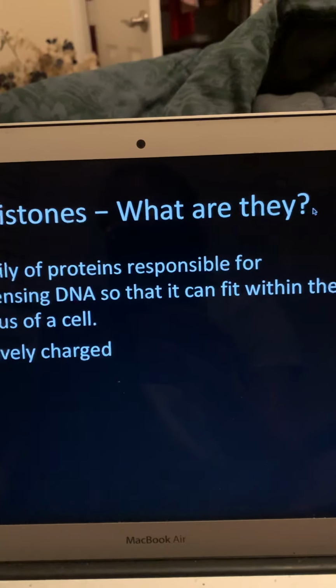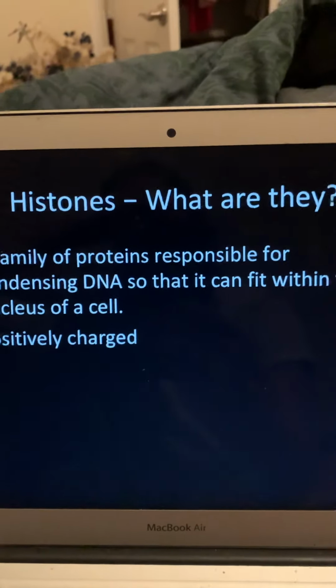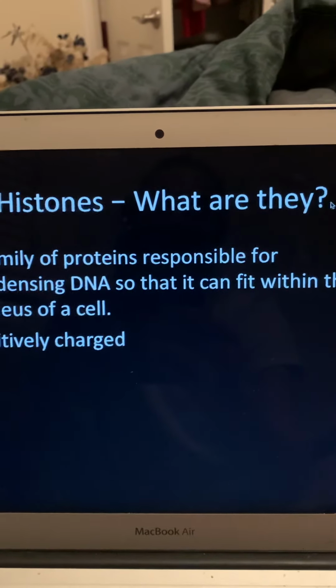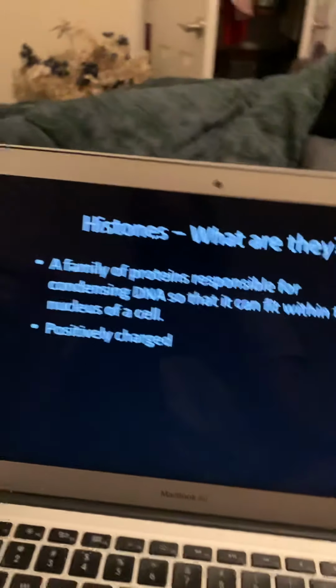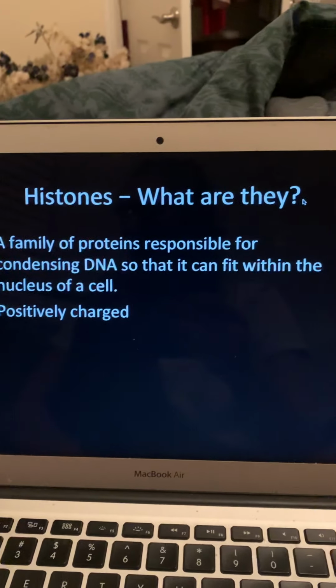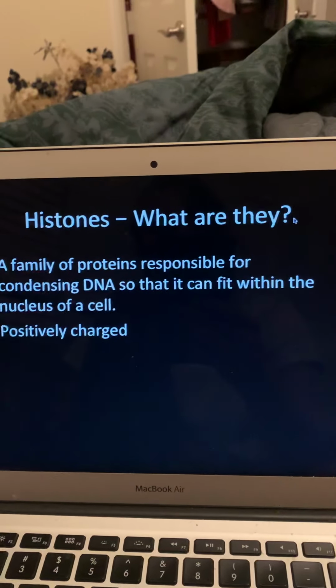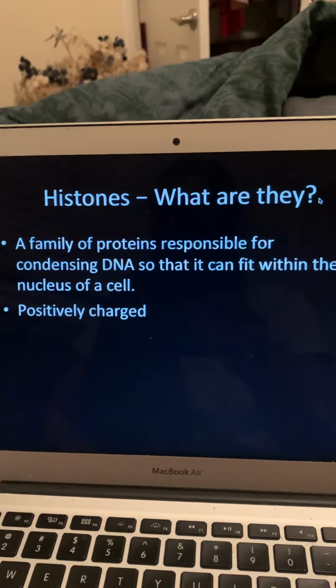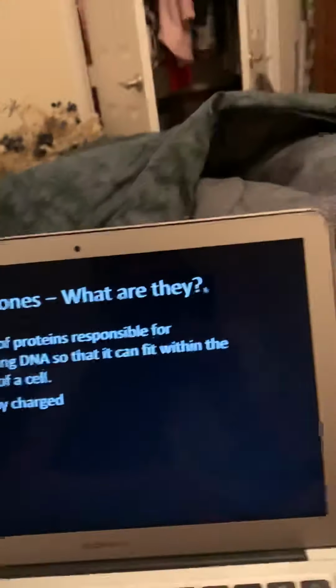The negatively charged phosphate that makes up the backbone of a double helix is associated with the positively charged histone, and that's how it is able to condense and fit into the nucleus. The DNA essentially wraps around the histone and condenses to form beads, which are nucleosomes, but we will get there.